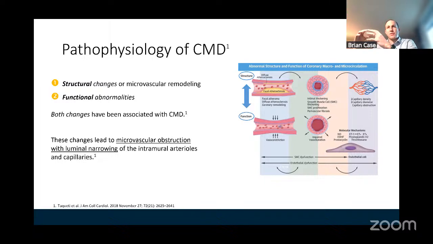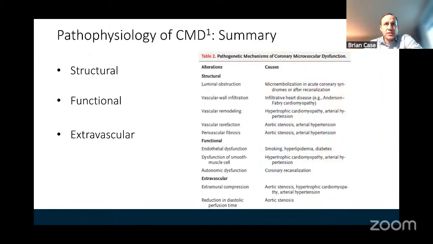We'll talk about the difference between epicardial spasm and microvascular spasm, but you can have spasm of the small vessels, and you can also have impaired relaxation due to the diseased endothelial cells that can also contribute to coronary microvascular disease.